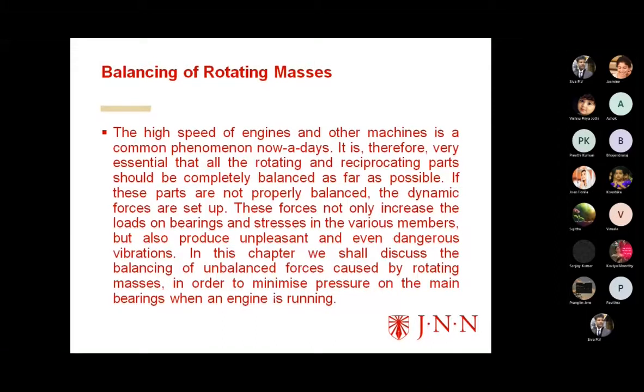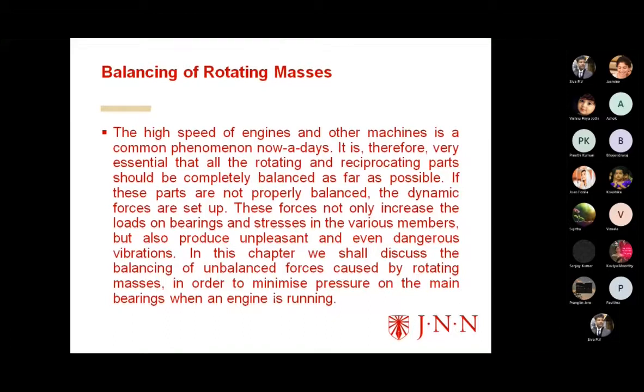Take your classroom desk, which is not properly balanced or fixed properly on the floor. What will happen? It will make some sound, some nuisance, and it cannot be a smooth surface. So this is a concern.